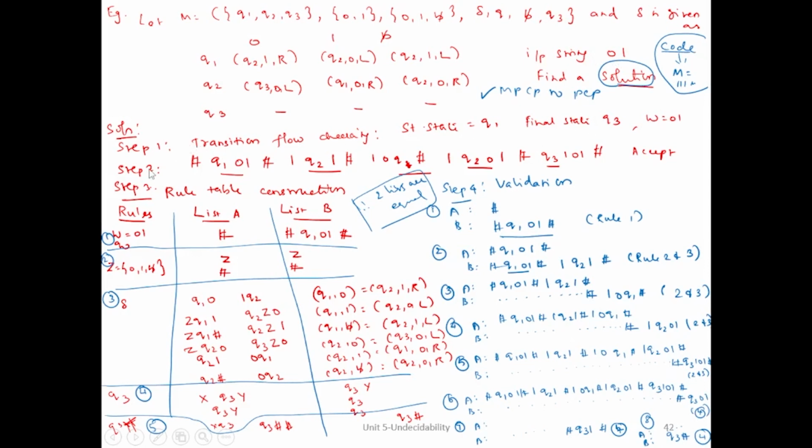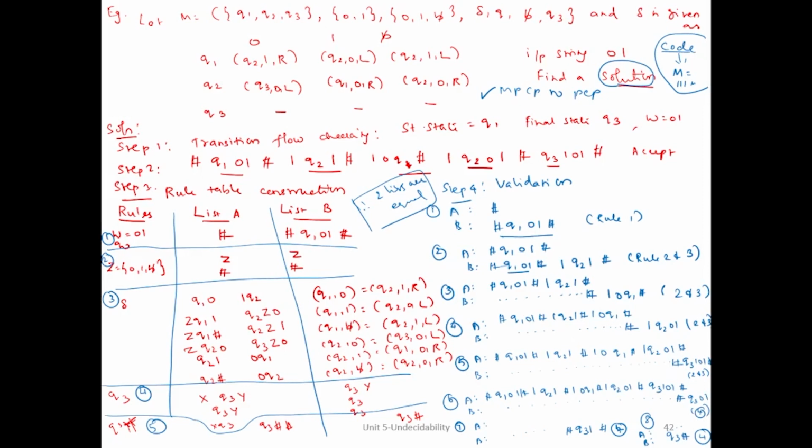In step 2, we validate the table with the input string 0, 1. The validation is already given in the Turing machine construction, that means the context-free language to Turing machine problem. That problem contains 4 steps.